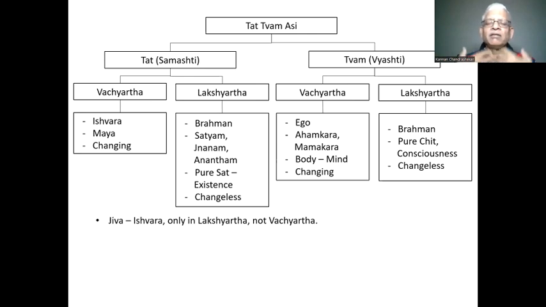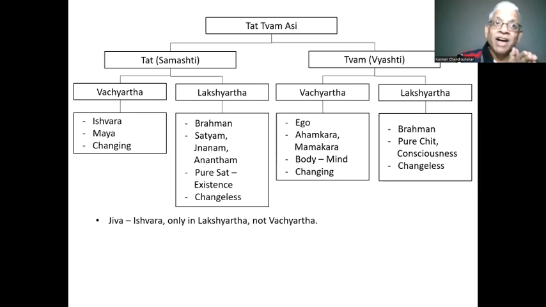First of all, let me study the total. In the total, when I see the whole cosmos, the whole universe, the prapancha which I experience through my eyes, through my 5 sense organs, there are 2 ways in which I can study the totality.